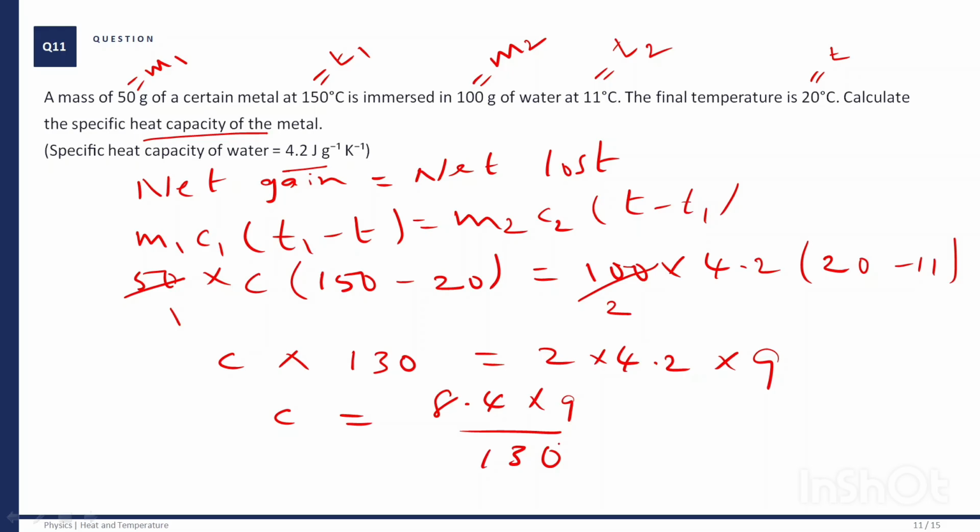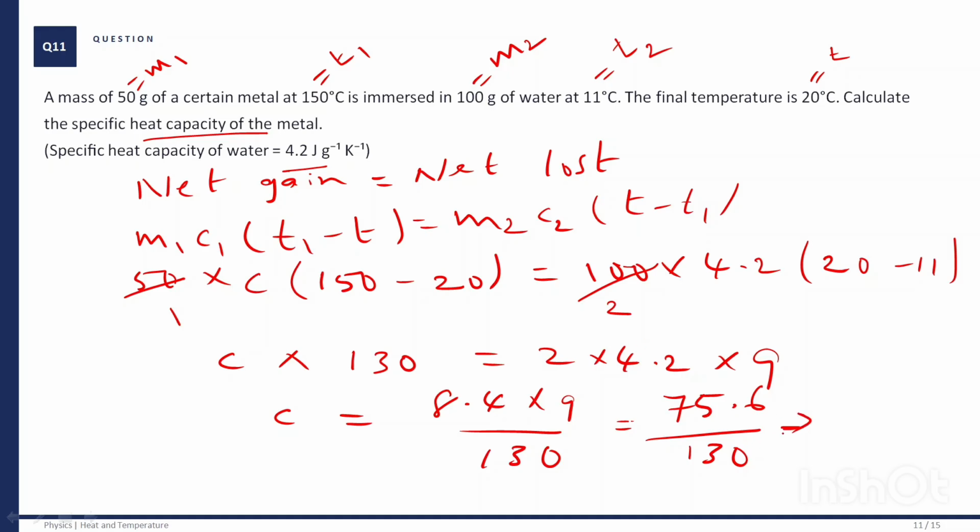2 into 4.2 into 9 is equal to 75.6 divided by 130. It is 0.582 approximately.